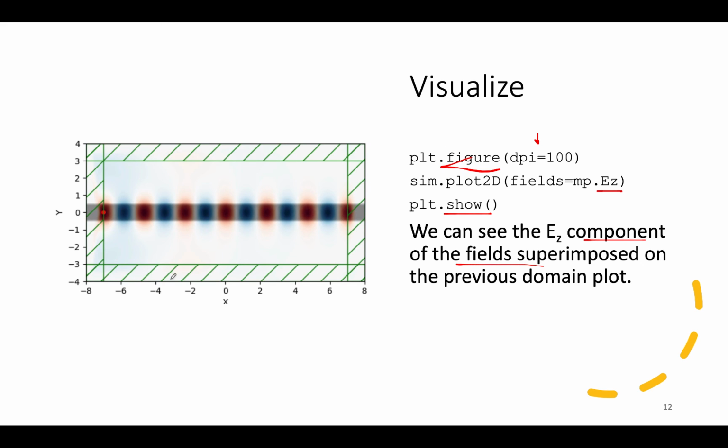So in this case, these are the cells, what MEEP calls cells. And then we have the boundary condition that is 1 micrometer, and then we have the source of our current here. And this is basically at a time of 200 the Ez component. You see that it is propagating along the z direction.